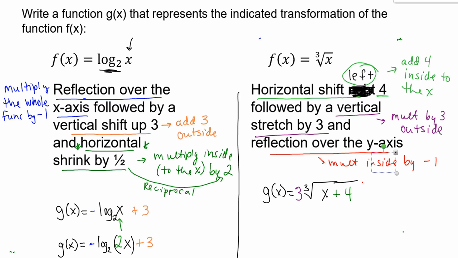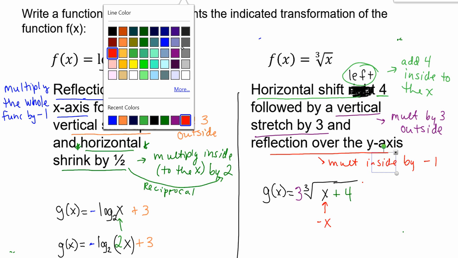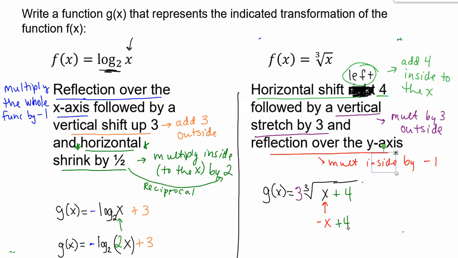Now, I don't want to confuse you with this whole multiply inside and this stuff. This right here basically gets replaced with a -x. So that negative applies to that x right there only. I think I confused you with my shortcuts there. Everything else is going to stay the same. This 4 isn't actually going to be affected by it because it was put there before I did a reflection.